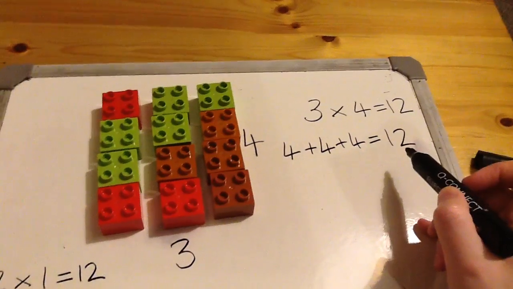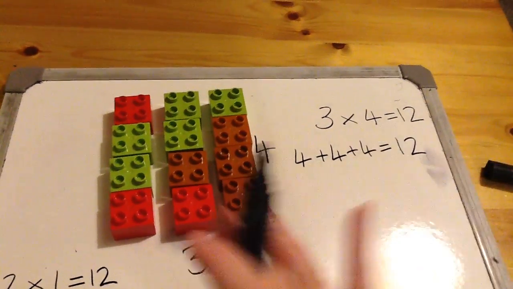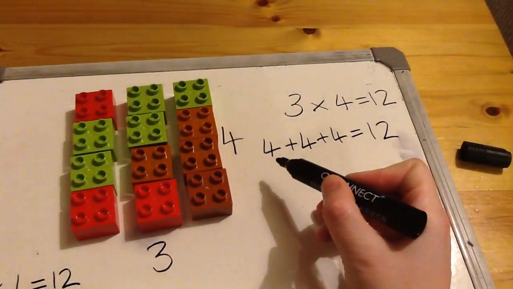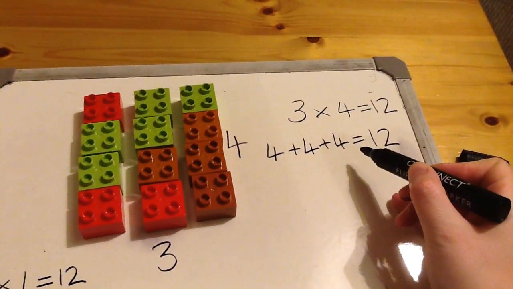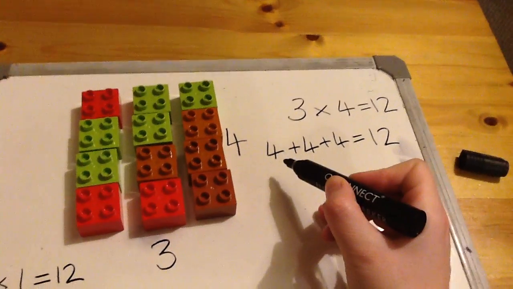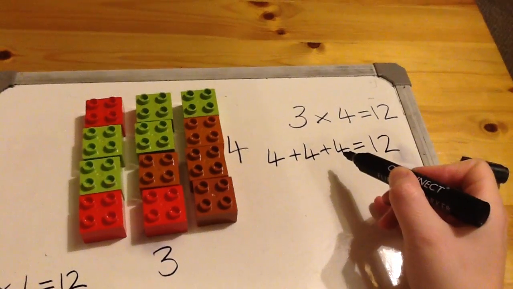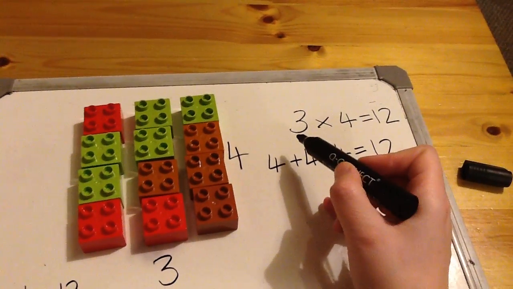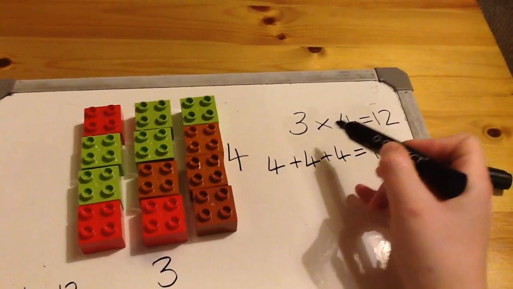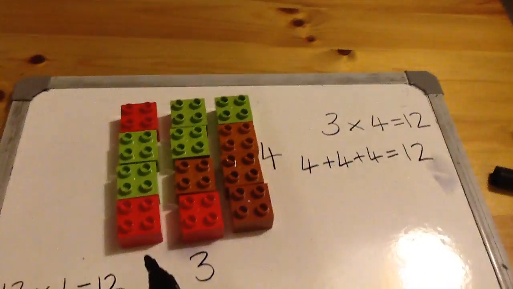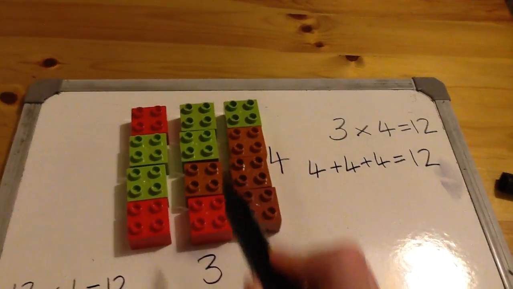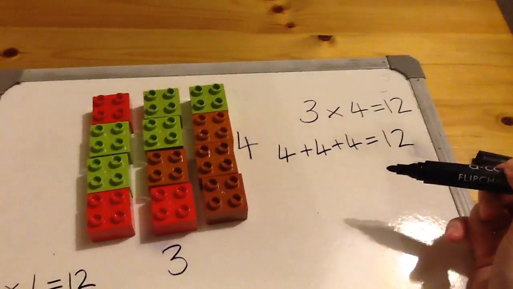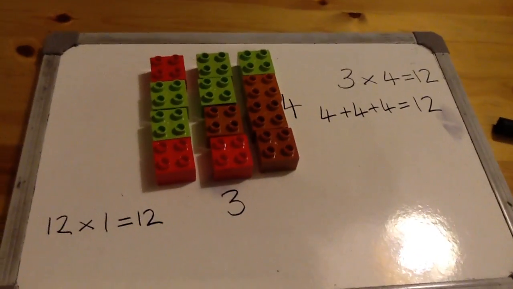Both finding the same answer of 12, both using an array, but remember this way is repeated addition, where we're repeating the addition. This way is showing 3 lots of 4, 3 columns of 4. Okay, hopefully that helps a little bit.